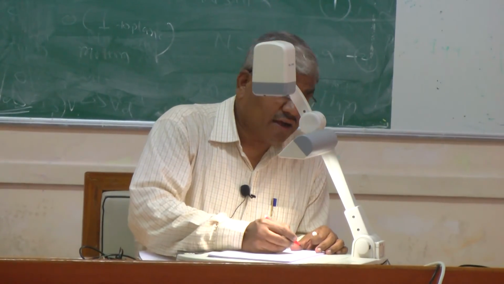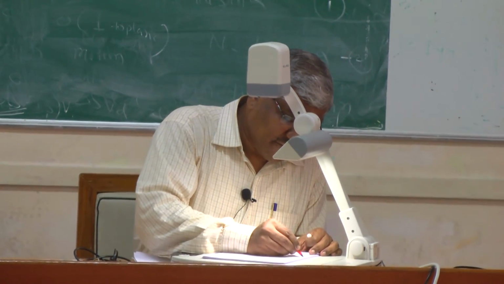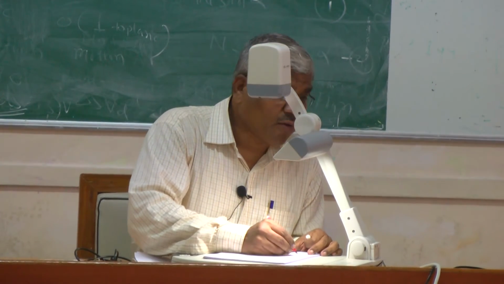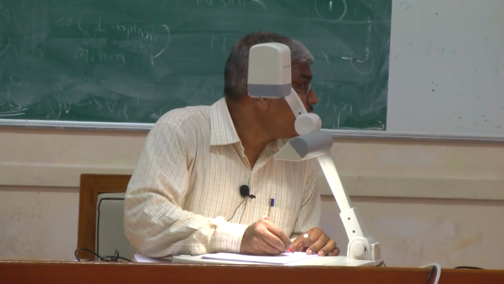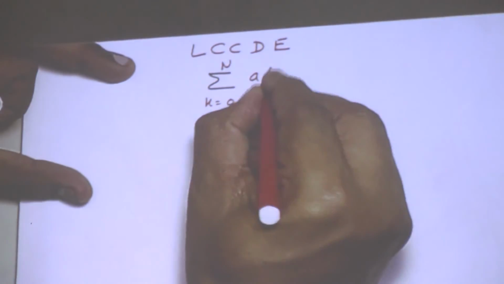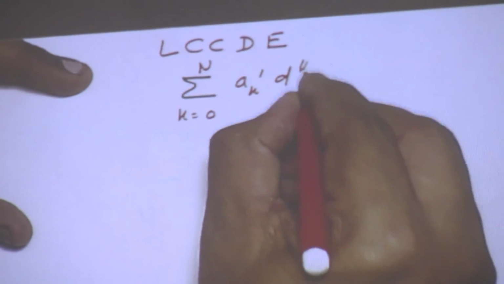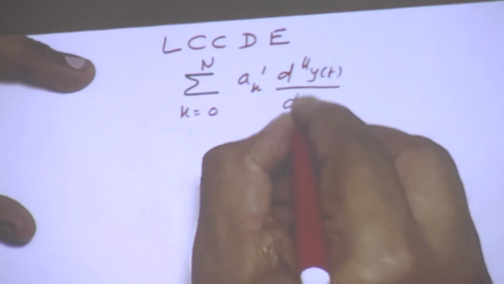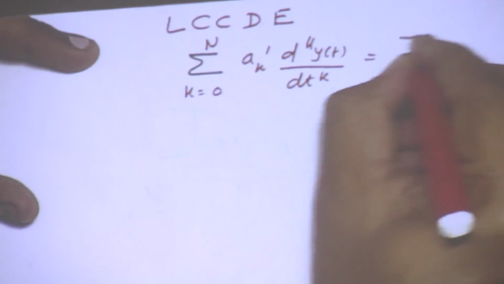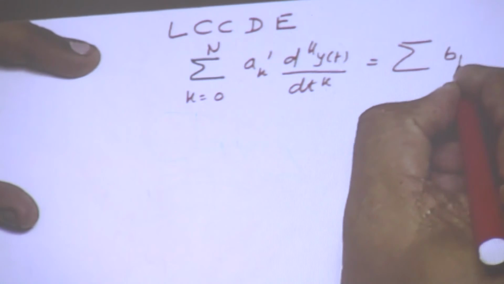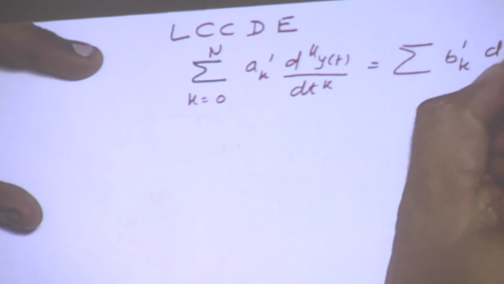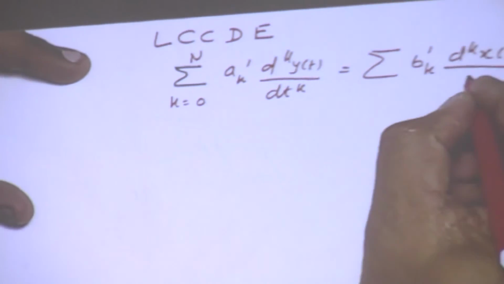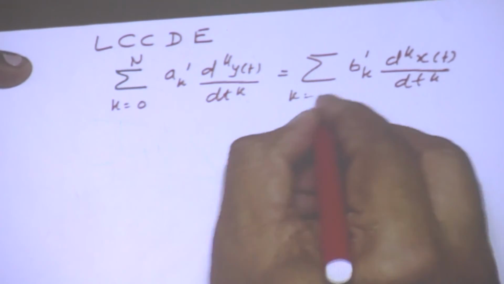We have a linear constant coefficient differential equation in the form of summation of k going from 0 to n, ak dash times d^k y(t) by dt^k, is equal to summation of bk dash d^k x(t) by dt^k, k going from 0 to m.